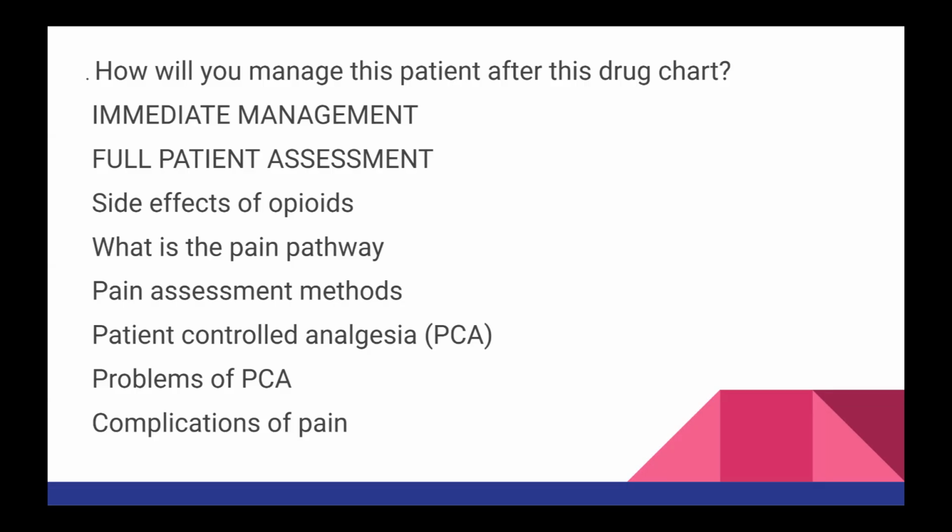Can you elaborate what is patient-controlled analgesia? Patient-controlled analgesia is controlled by the patient themselves. There is an infusion syringe pump where the particular opioid or analgesic is going on.